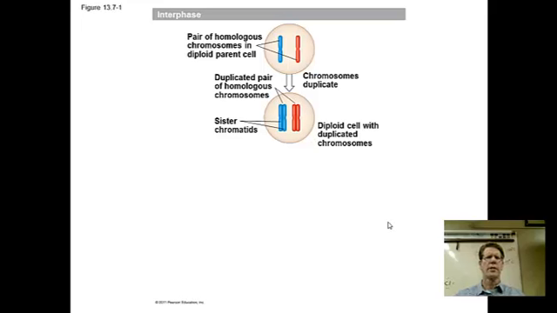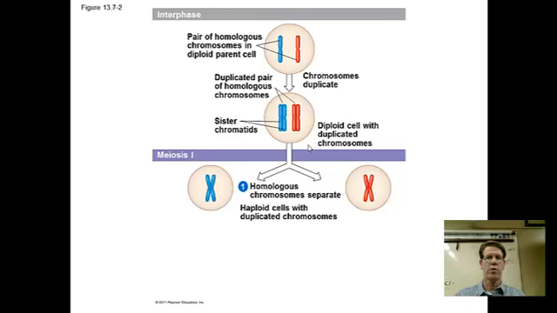So this little series of animations are again intended to walk you through the different steps as we go through meiosis 1 and then meiosis 2. Let's say we have a cell with 2 chromosomes in it. During the S phase, we're going to take those chromosomes and duplicate them so that we have 2 sister chromatids.